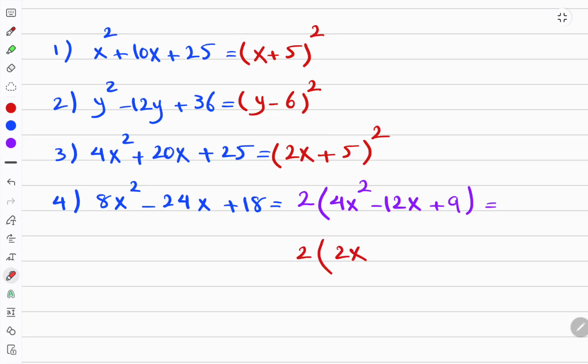The square root of 9 is 3. 2x times 3 is 6x, times 2 is 12, which is completely correct, and the middle term is negative. So we factor this expression to this one using factorization by common term and perfect square factorization.